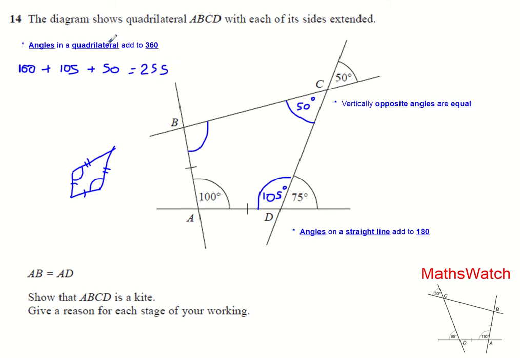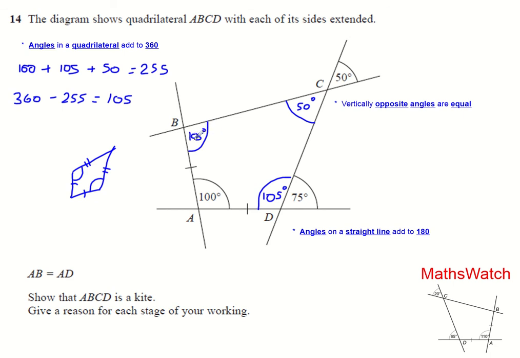The angles in a quadrilateral always have to add up to 360, so we can do 360 and subtract that 255 to say that that angle is 105 degrees. And we have done it.